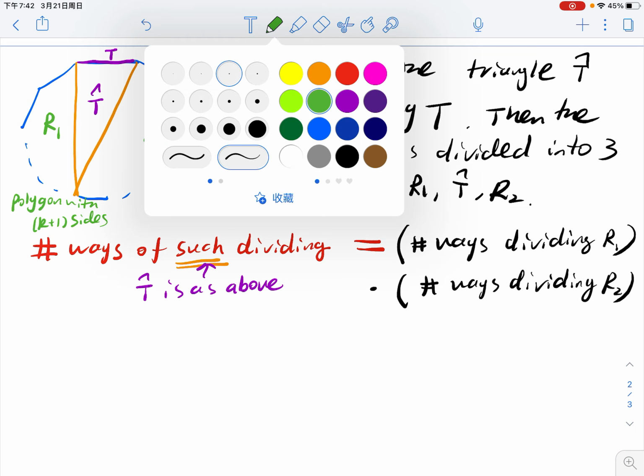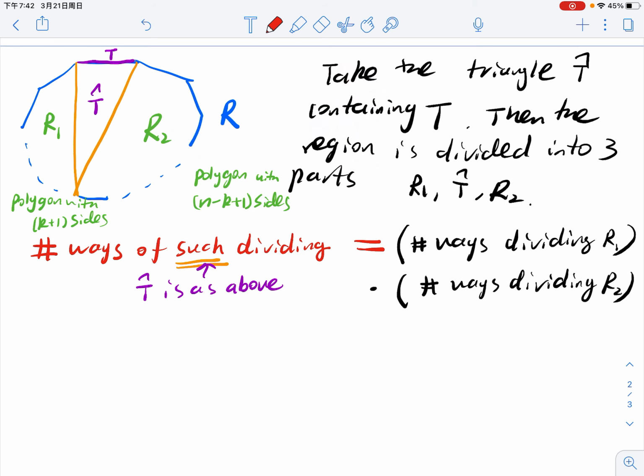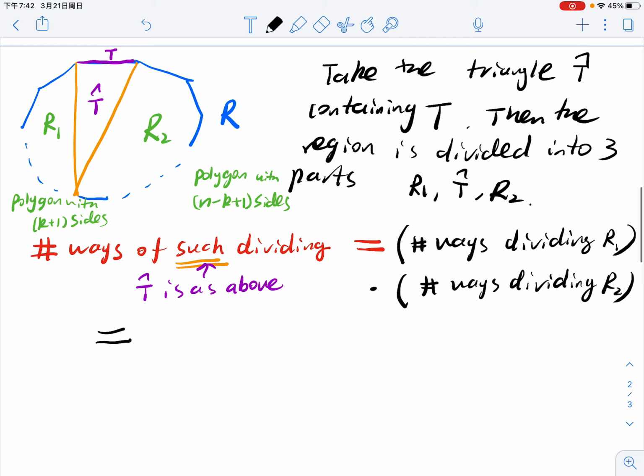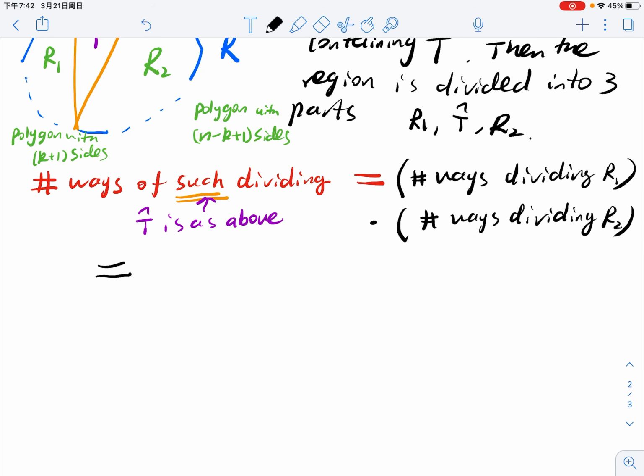Therefore, the right-hand side can be further computed by induction. The first term is hk, and the second term is hn minus k.